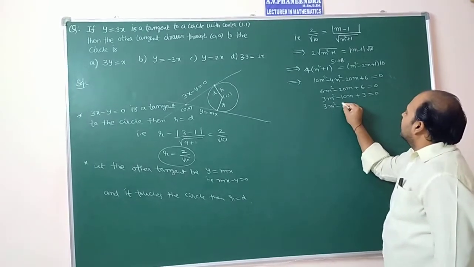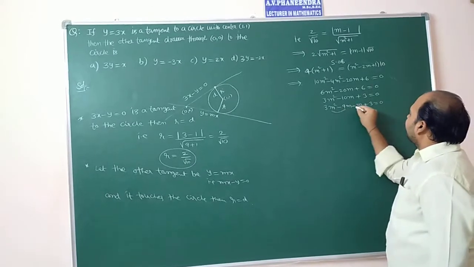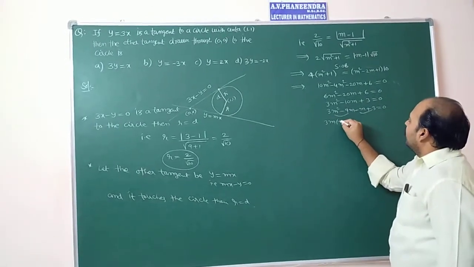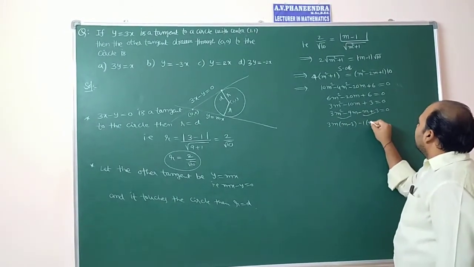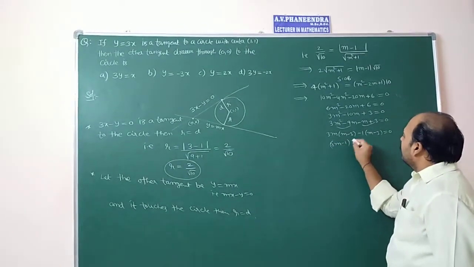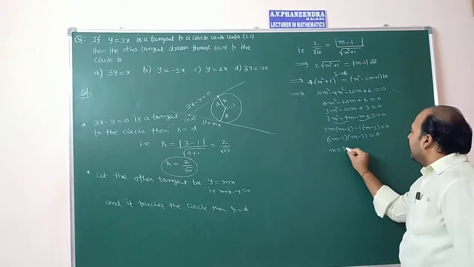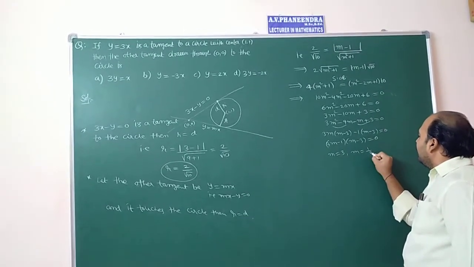Factorization: 3m square minus 9m minus m plus 3 equal to 0. 3m into (m minus 3) minus 1 into (m minus 3) equal to 0. So (3m minus 1) into (m minus 3) equal to 0. So m equal to 3, m is equal to 1 by 3.